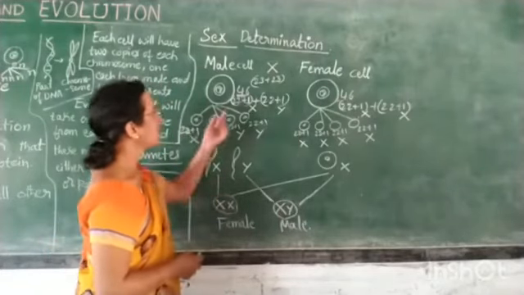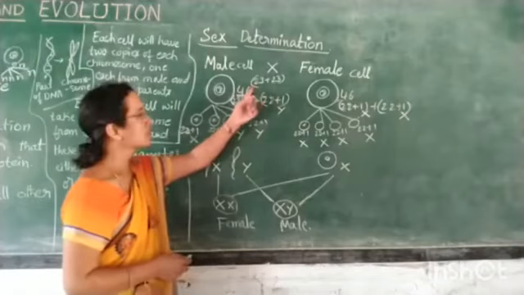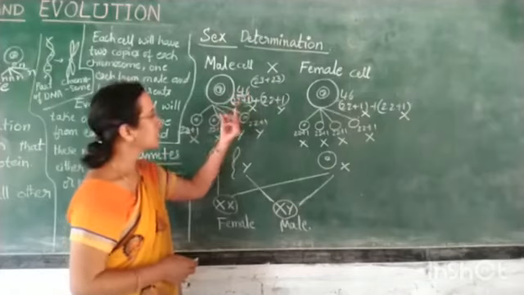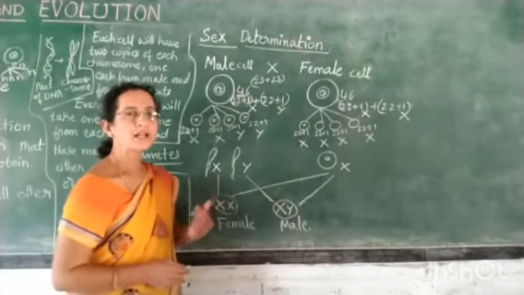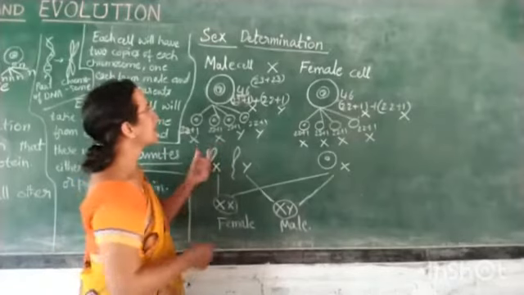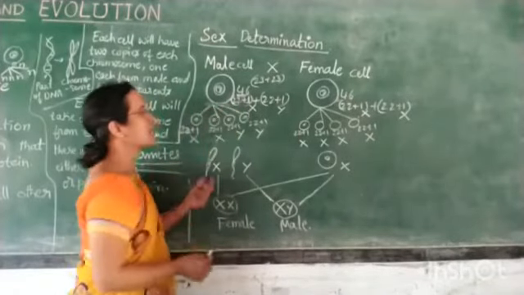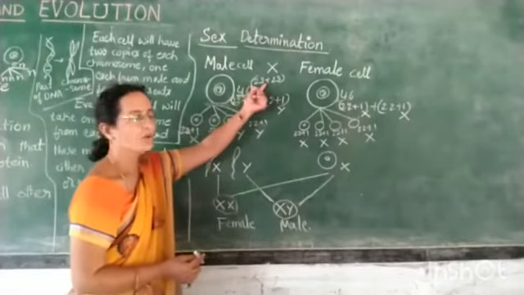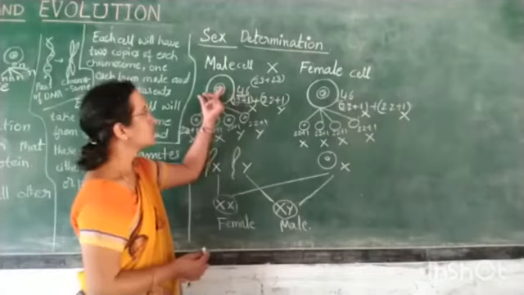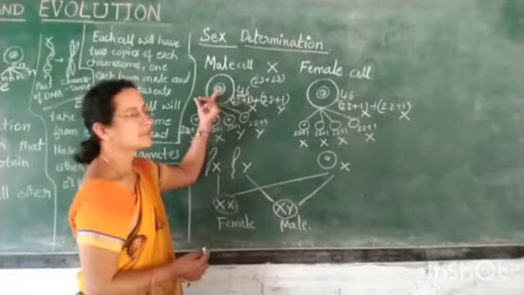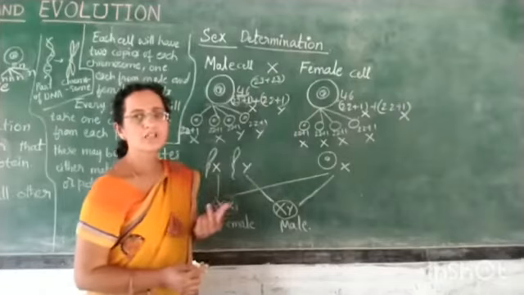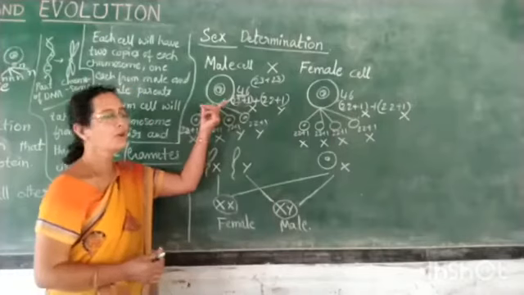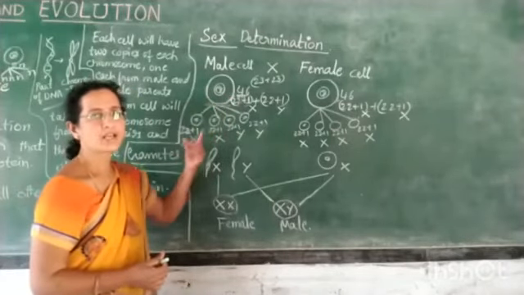There will be two sets of chromosomes, in which one single chromosome has been received from both the maternal and paternal cell. 23 chromosomes have been donated by the maternal side and another 23 by the paternal side. So this cell has received two sets from both the parents.